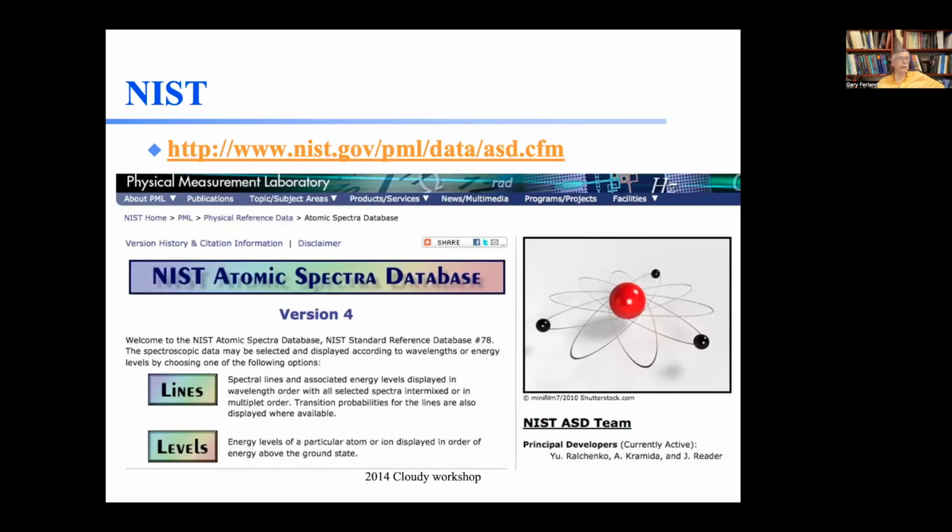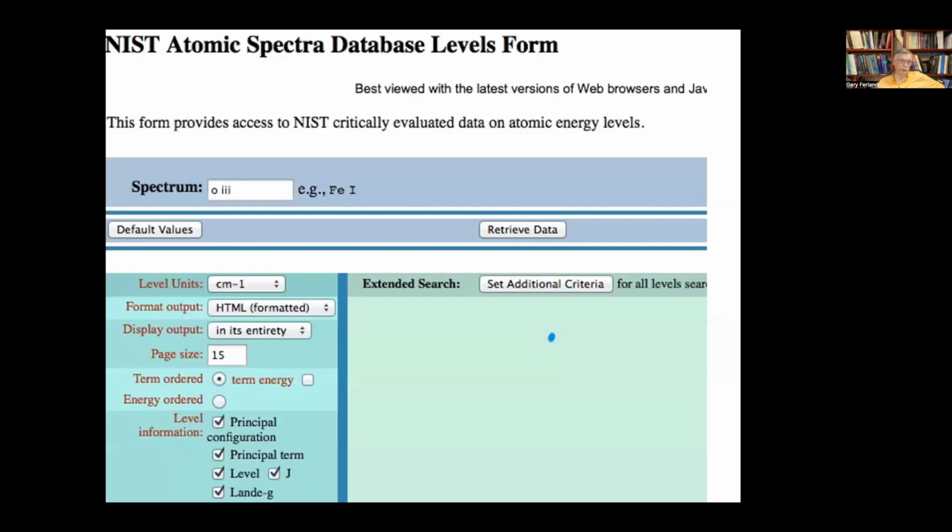The gold standard here is the National Institute of Standards and Technology. This is their web form that shows you access to their tables of energy levels and also of emission lines.